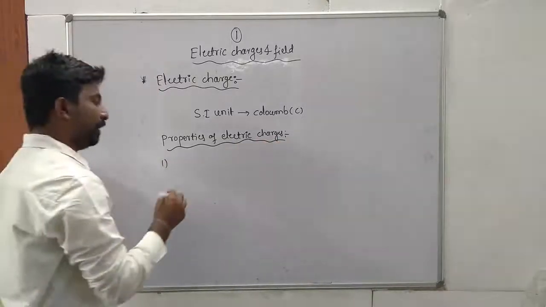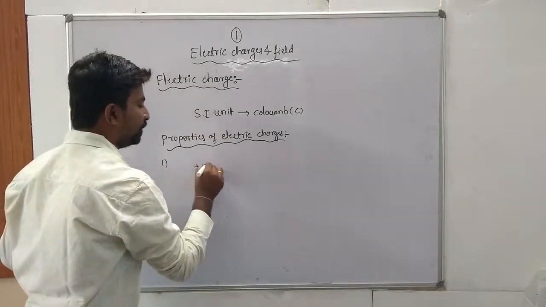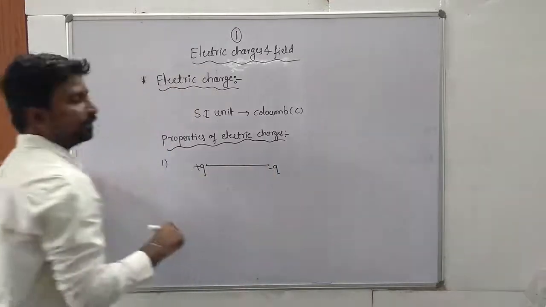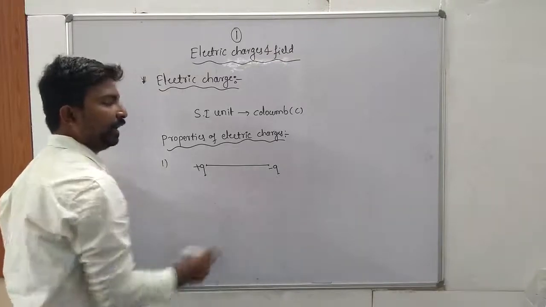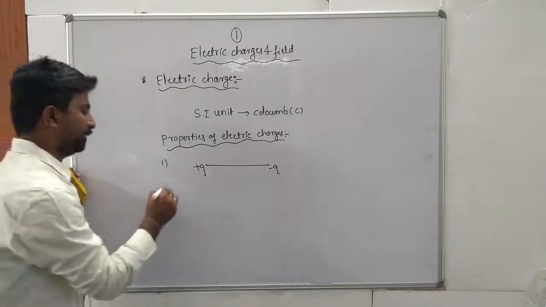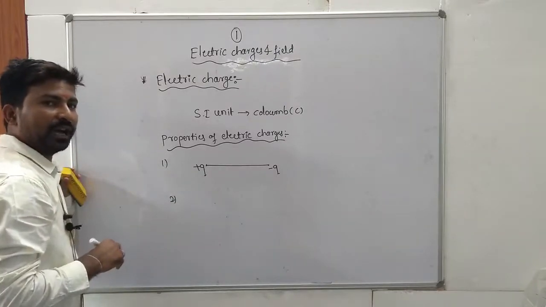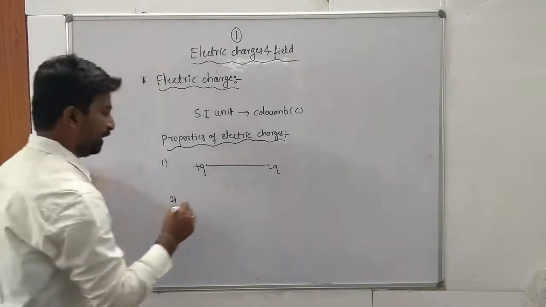There are two types of charges, positive charge and negative charge. Second property, like charges repel each other while unlike charges attract each other.